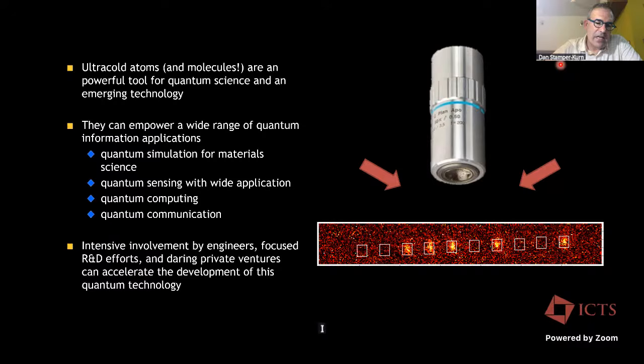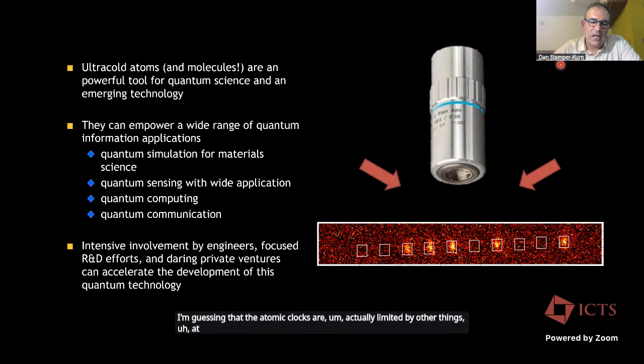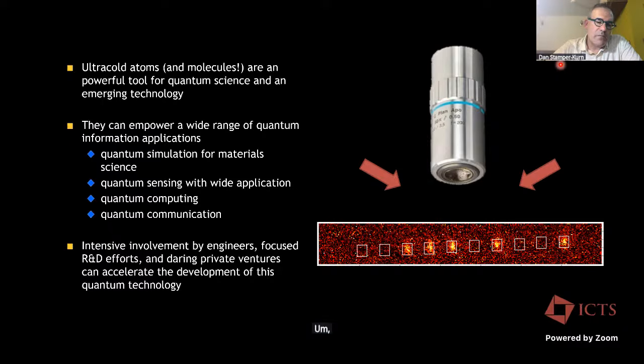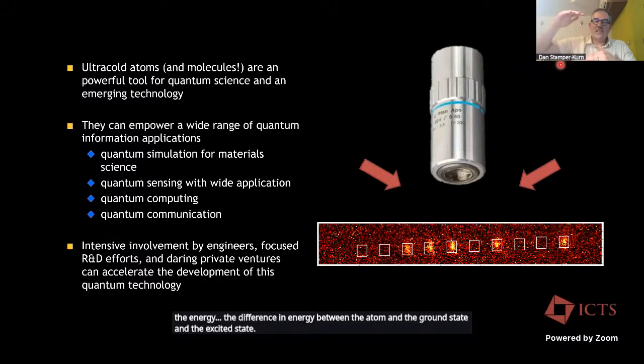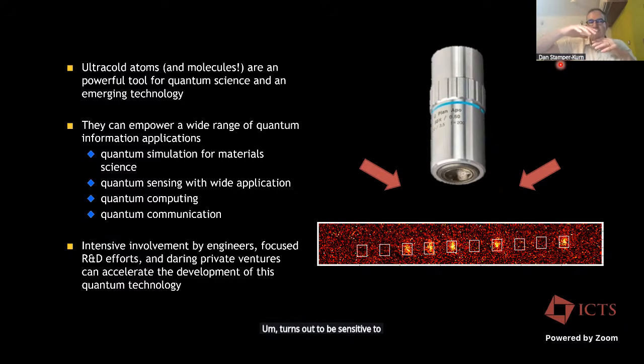I'm guessing that the atomic clocks are actually limited by other things at this point. One of them is systematic errors. For example, the difference in energy between the atom in the ground state and the excited state turns out to be sensitive to the background black body radiation.